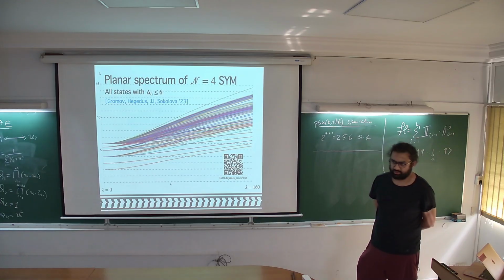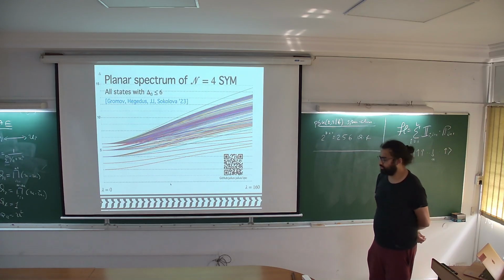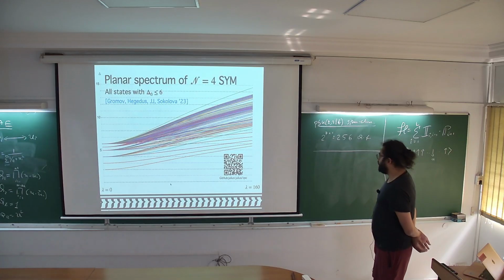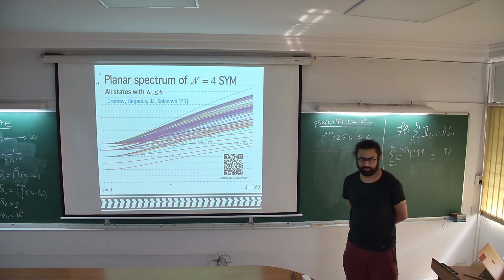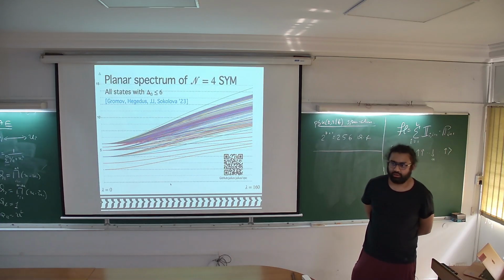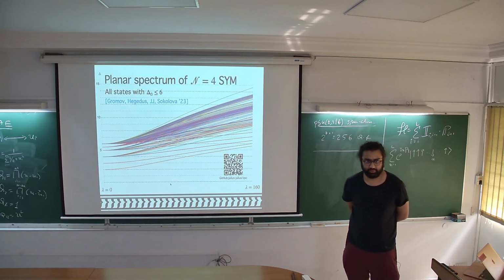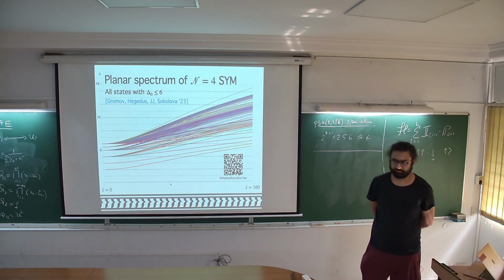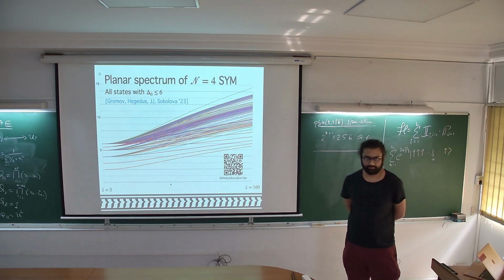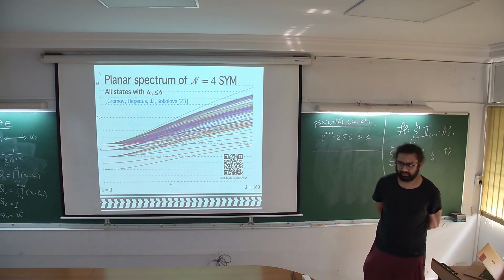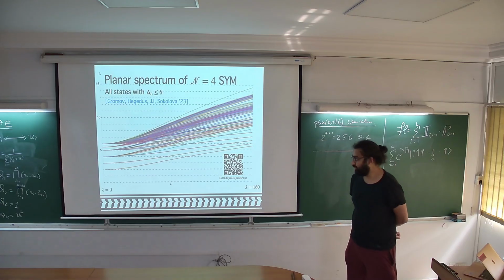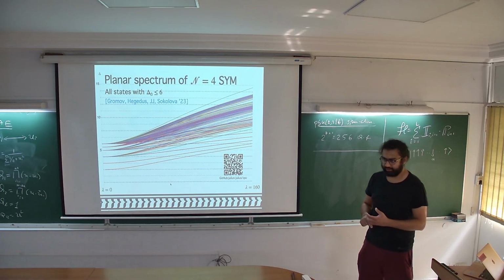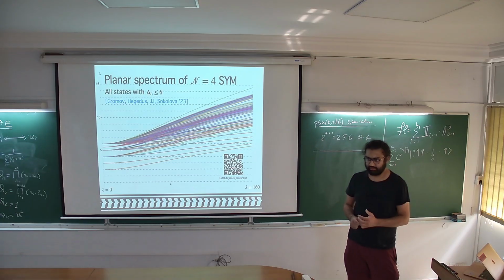So defining the SU(2) sector, can you get an algebraic definition, the kernel of some combination of supercharges? Yes. I don't know it off the top of my head right now, but indeed you can define it, I think.